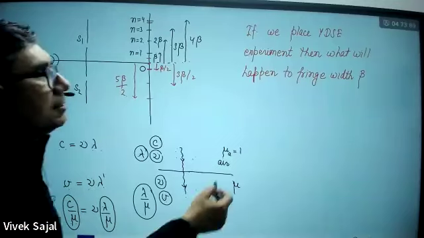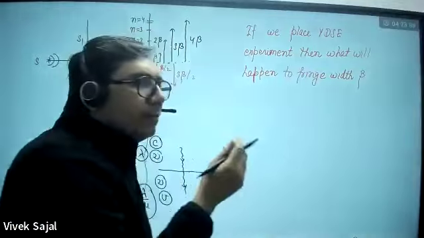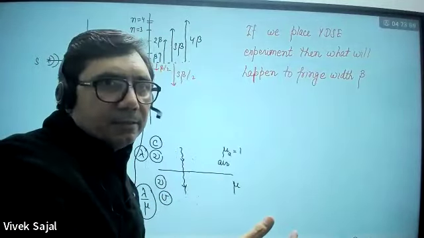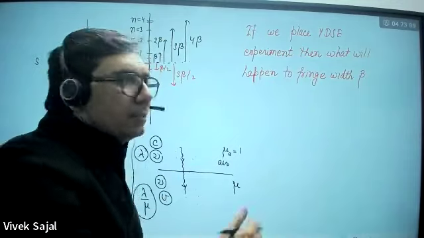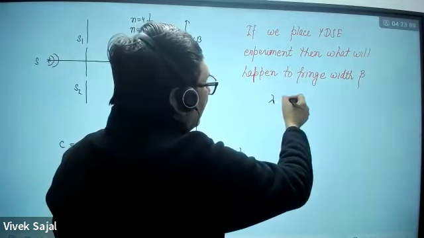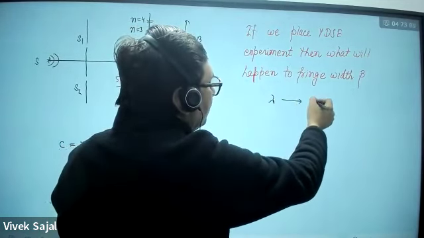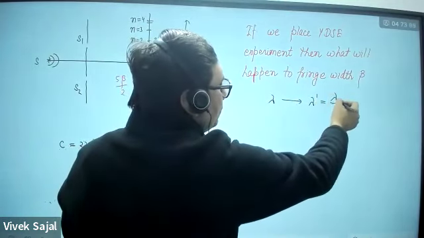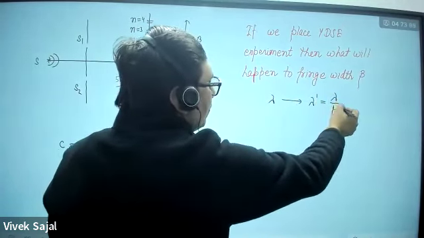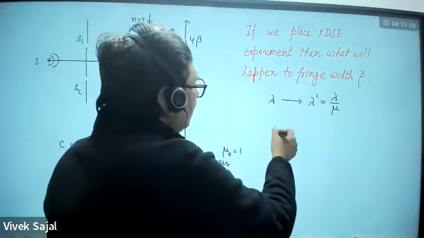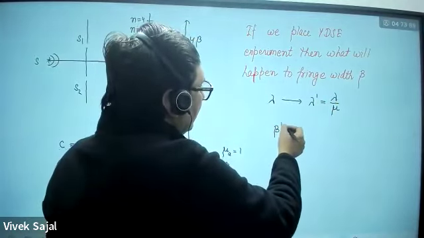So what I am saying here is, when you are placing this YDSE experiment in the water, lambda will become lambda prime, and it will be lambda upon mu. So what will be beta prime?